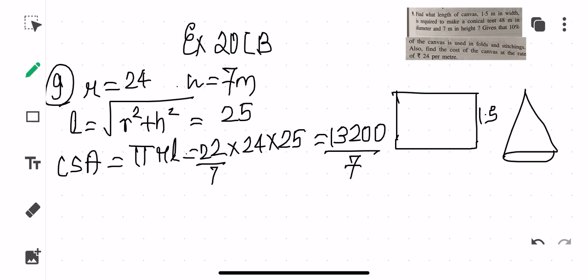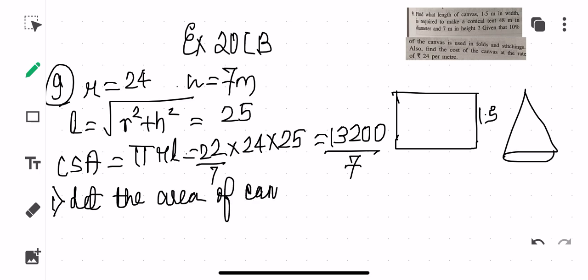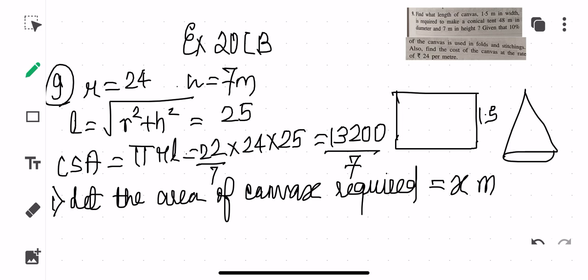So what you will be writing, this is very much similar to example number 12. If you can see, you have to write like this for sub question 1. See, let the area of canvas required, from here there is a change, children, area of canvas required is equal to x meter square. Now upon this 10% you are taking.